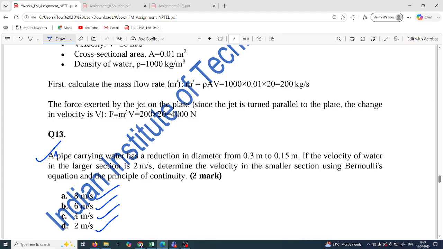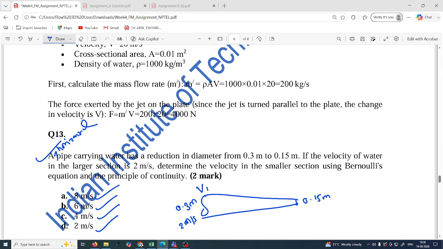So this question is insufficient. Here you need to write very carefully: a horizontal pipe carrying water has a reduction in diameter 0.3, like that. This is your 0.3 meter, this is your 0.15 meter. If the velocity of water in the larger section is 2 meter per second, I'll consider V1.